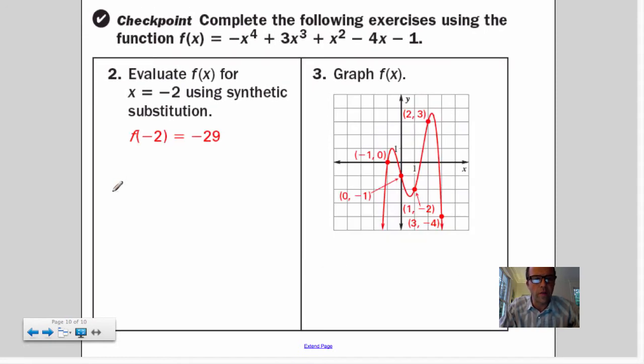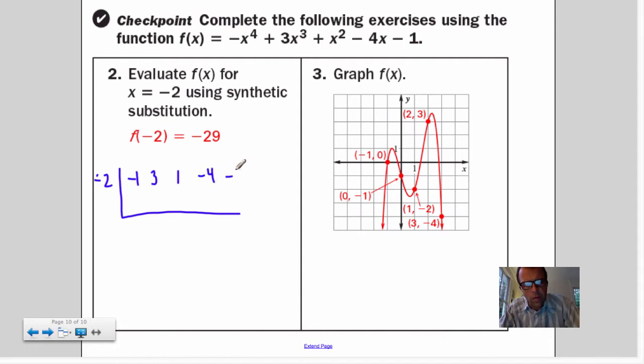Here's your answer. So for synthetic substitution, I can walk this through. You should have had -2. Then you make this nice bracket, right? We look carefully, and the coefficients here are -1, then 3, then 1, and then -4, then -1. And so the method here, again, we drop, and we just say this is -1. Then we start the multiplying.